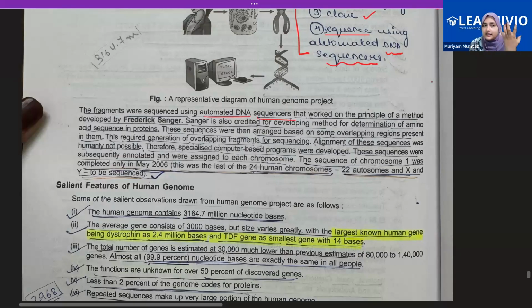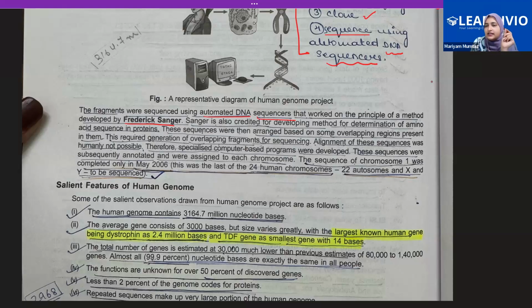It is a machine, and it worked on the principle of the method developed by Frederick Sanger. So DNA sequencer was used to sequence the gene.